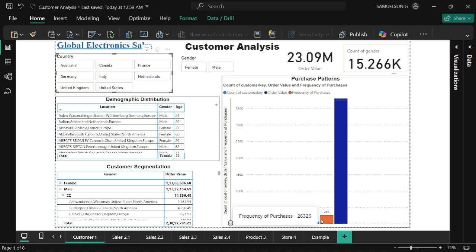Now we can compare it. How many customers came to the stores in total, over every country. There are 8 countries, and you can see a total of 15,266 customers. Frequency of purchases means quantity of products. Quantity means how many products there are: 26,326.